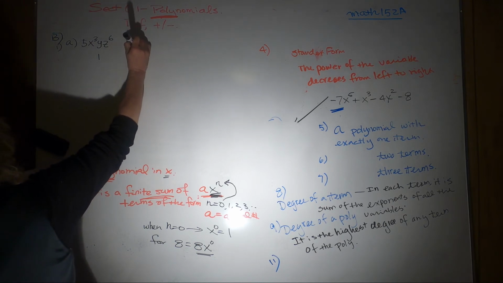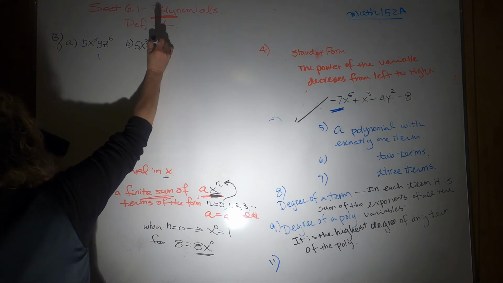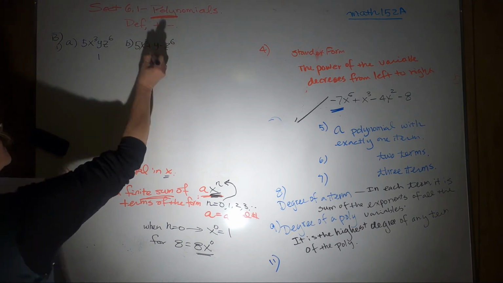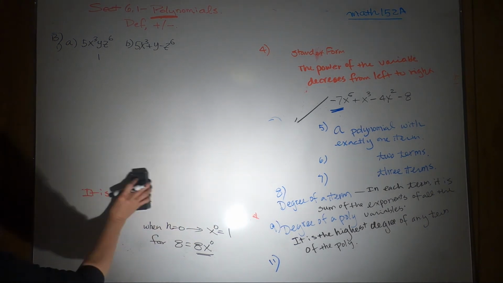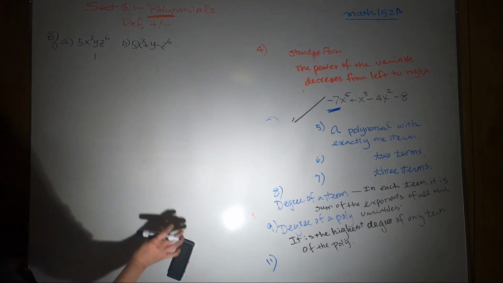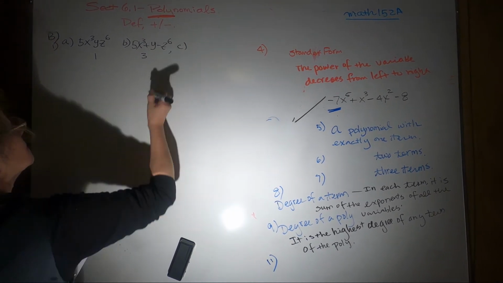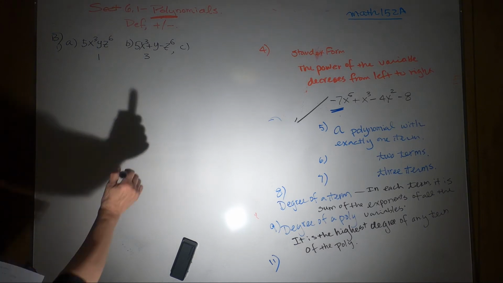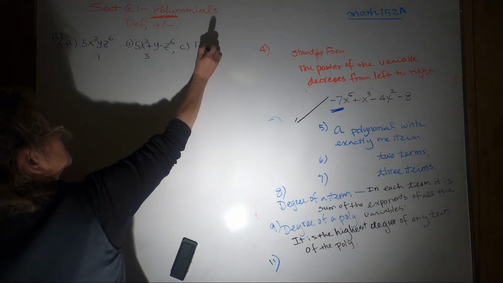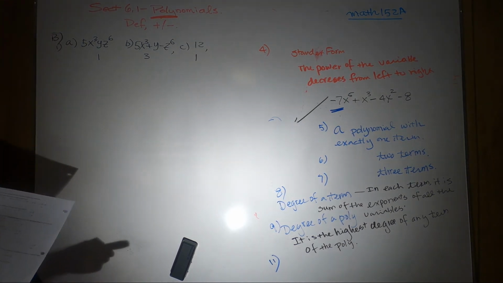And if we have 5x to the q plus y plus z6, how many terms do you think there are? 3, because each one is 1, so you have 3 terms. So if I have 12, how many terms are there? A number is a term, one term.